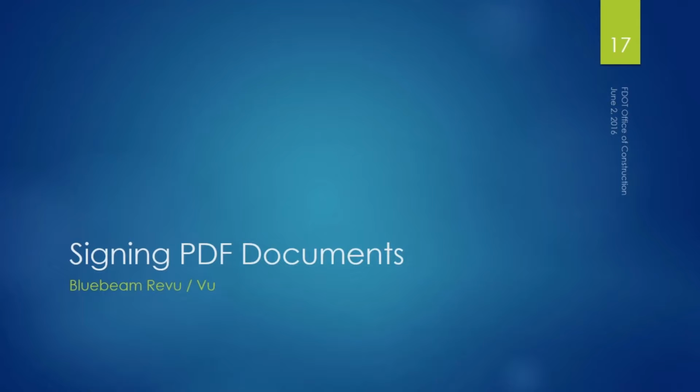In our research, we have found that as of the current release of Bluebeam, it doesn't work well with other products such as Adobe and Nuance. So again, we're going to show you the process, but we do not recommend using Bluebeam to sign. This topic will be covered in more detail in the detailed reference document that will be posted at a later date. Alright, let's look at the process of signing a document in Bluebeam.